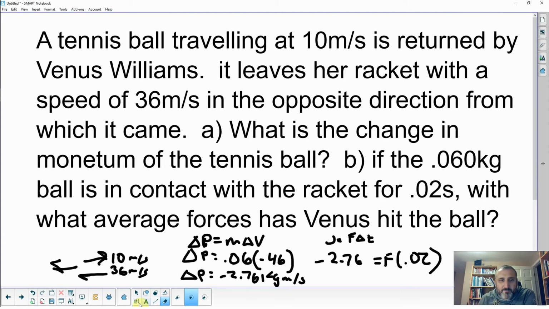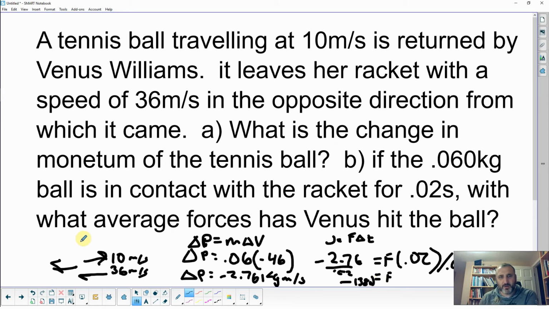So now what I would do is divide both sides by 0.02, and I would get my force. And you would have a force of negative 138 newtons.